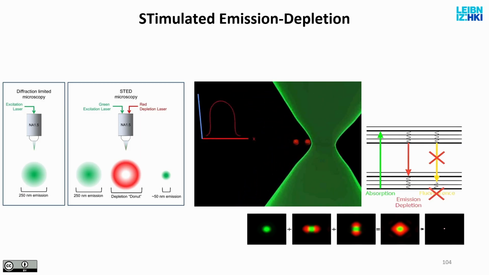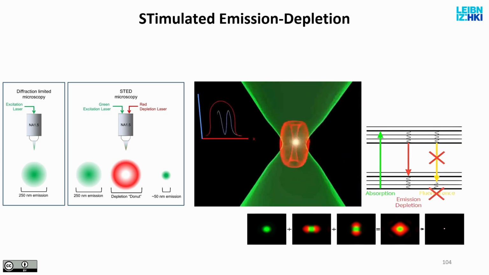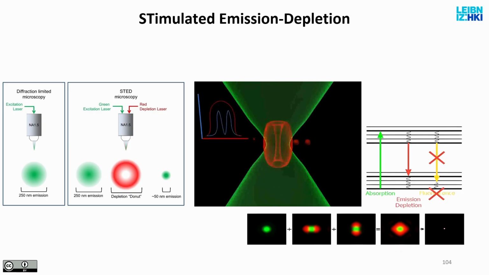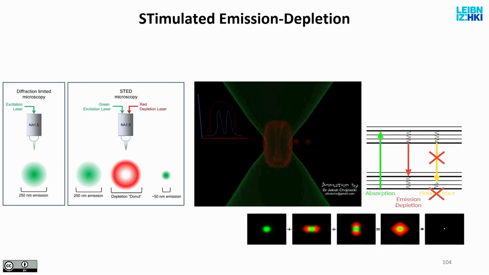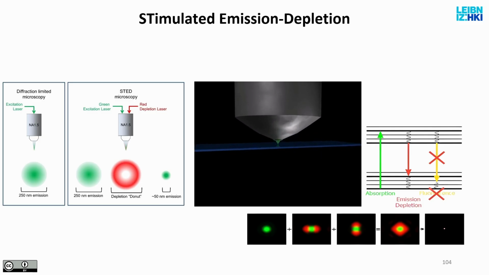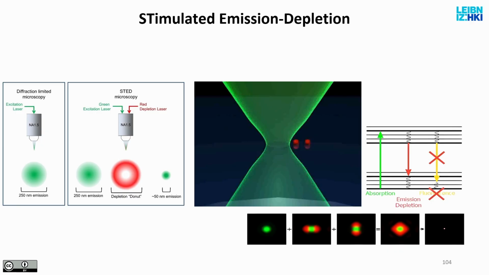What this laser beam does is that the molecules which are excited by the green laser, which is the normal fluorescence microscopy, those which fall within the orange excitation zone will be forced to be fluorescent at a much higher wavelength. So only those molecules which fall into this hole inside the donut will respond with the normal fluorescence photons.